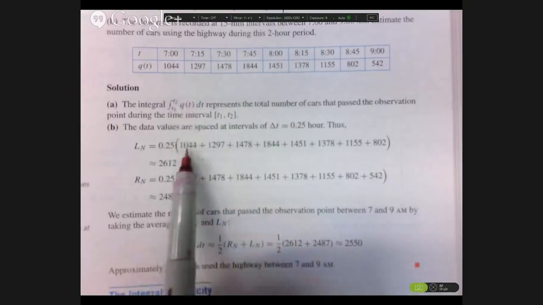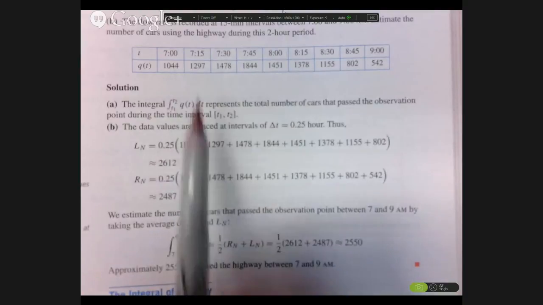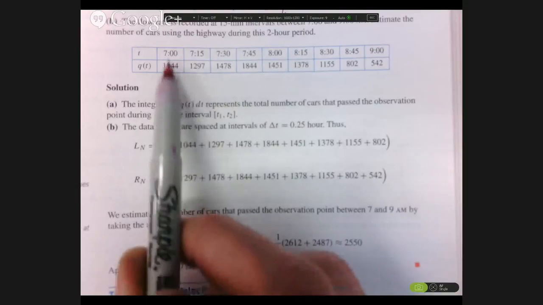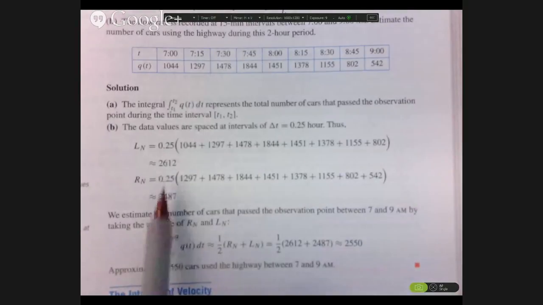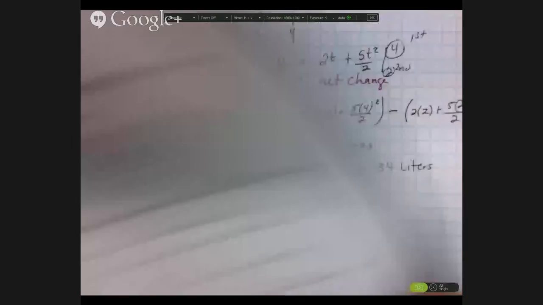Right there, 0.25 and 1044. The next one is 0.25 times 1297. Okay, you're taking the area of each rectangle. And that gives you the total approximate number of cars. They did both the left and the right, so you can average it and get a more accurate total. Okay. Good.